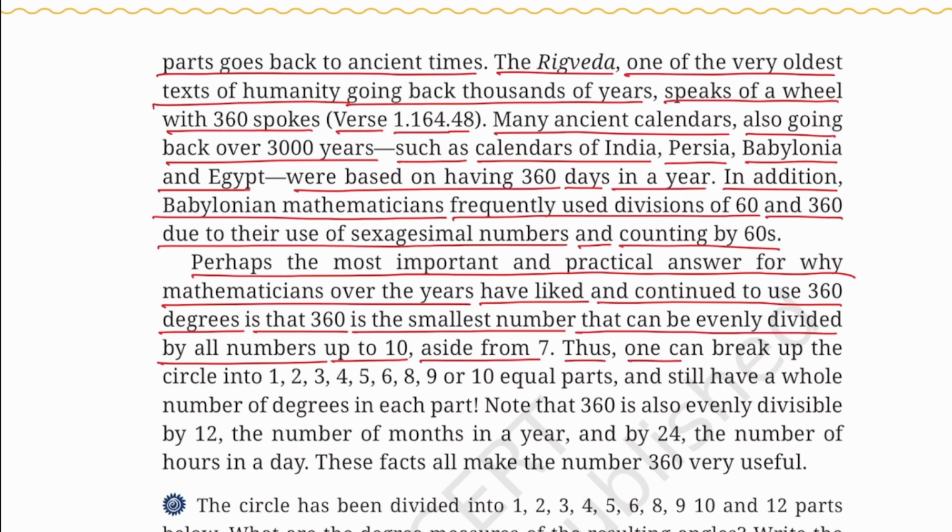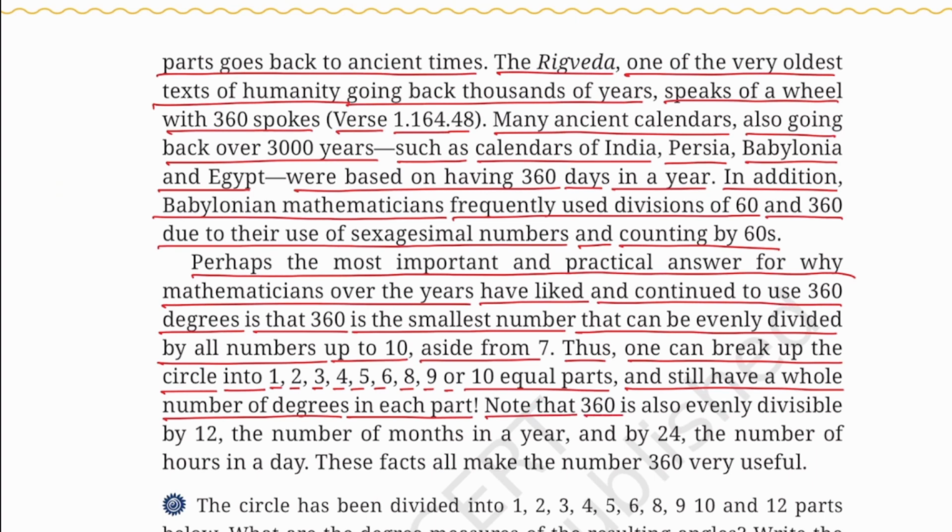Thus, one can break up the circle into 1, 2, 3, 4, 5, 6, 8, 9 or 10 equal parts and still have a whole number of degrees in each part.